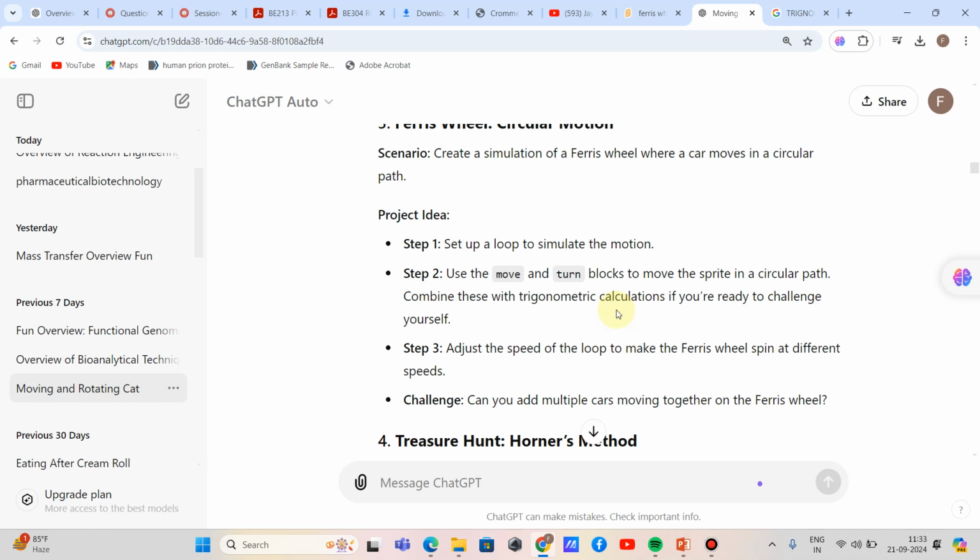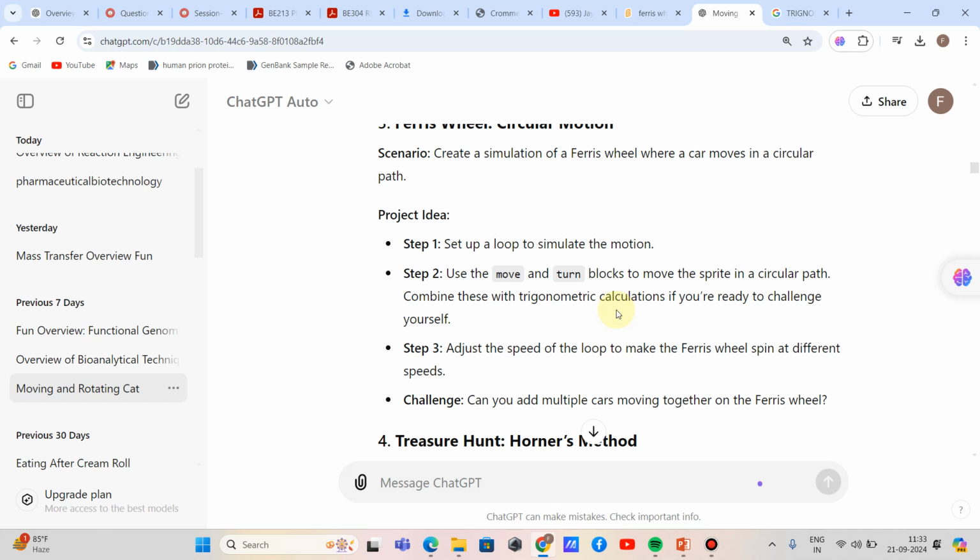For making two different cars in a Ferris wheel, car one's starting position is different from car two's starting position. So to make this animation successful, I have to place two different sprites at two different starting points.